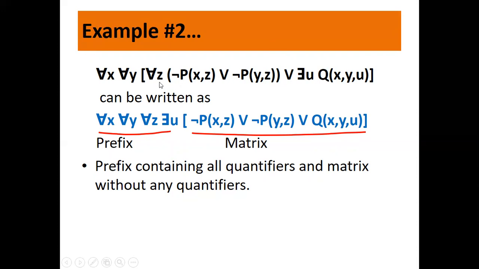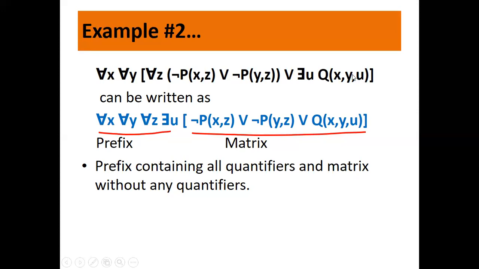So this universal quantifier has a variable Z associated with it, and the existential quantifier has U associated with it. In the scope of the universal quantifier, you don't have any U here. And in the scope of there exists U, you don't have Z here.